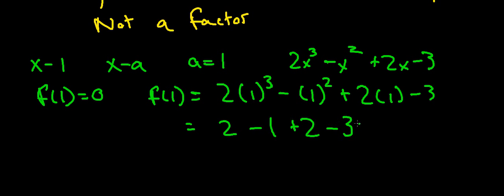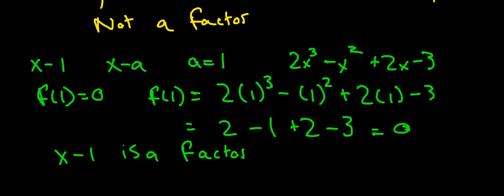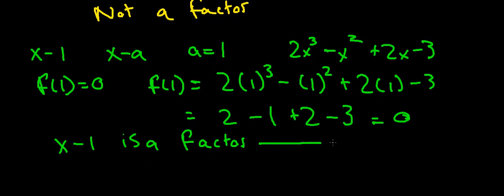And we can see that 1 and minus 3 is minus 4, 2 and 2 is 4, so this is going to be equal to 0. So we can say that x minus 1 is a factor, which means it's going to divide evenly into this, so we'll get no remainder.